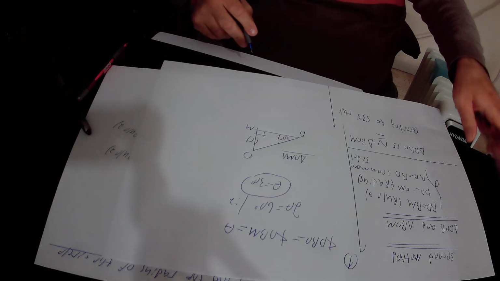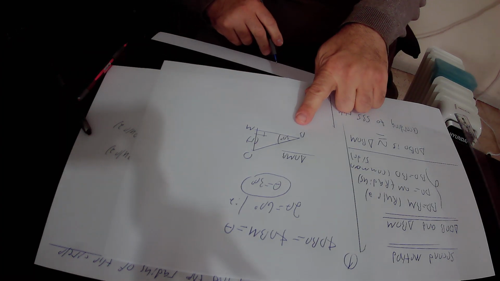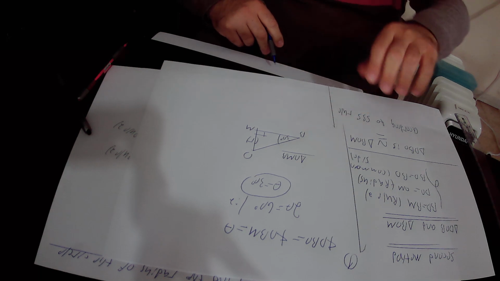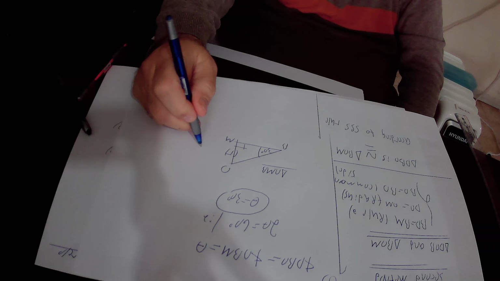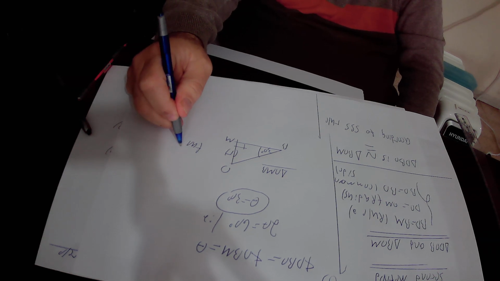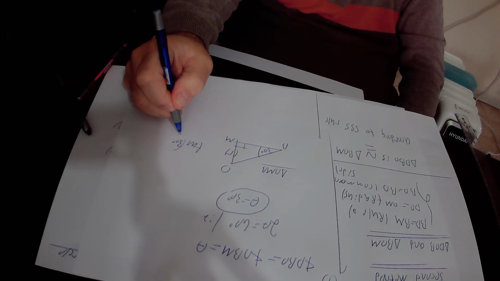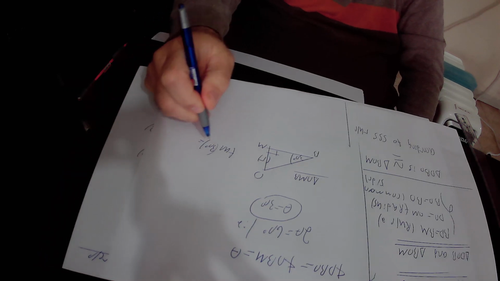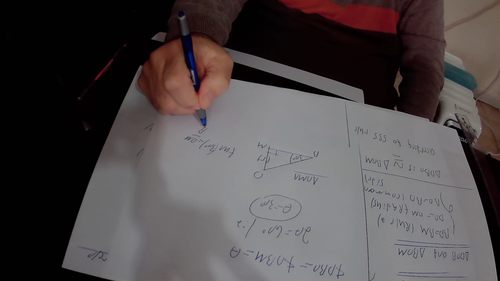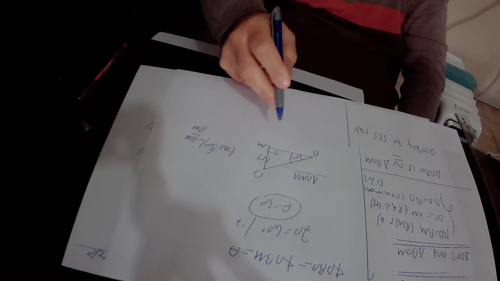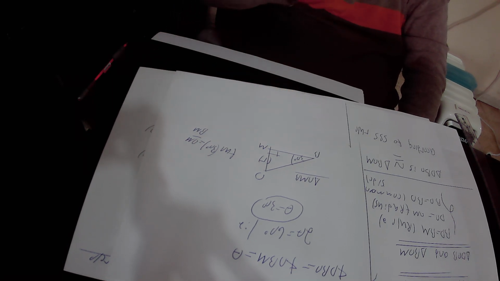This is the green right triangle BOM that I copied from the original drawing. From the drawing it is very easy to see that tangent 30 degrees equals OM over BM.